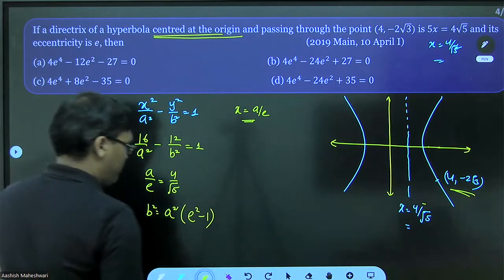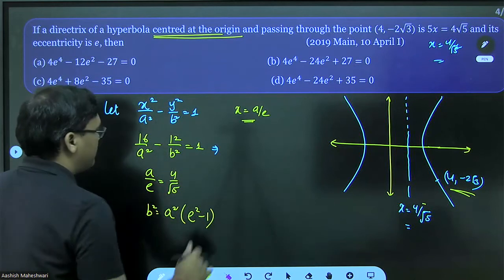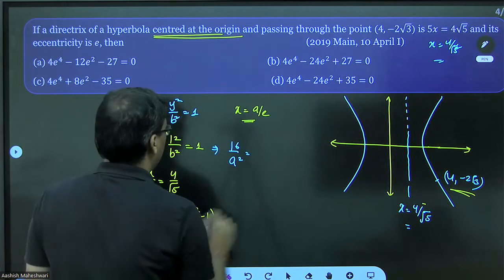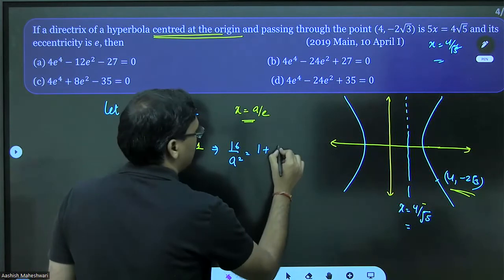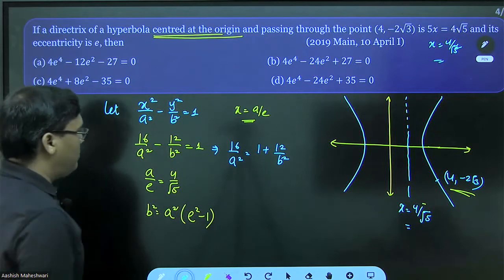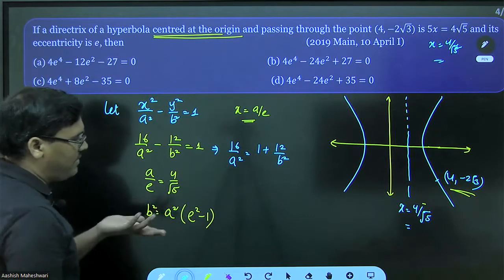Using these three relations, you have to find the eccentricity relation. So you can first observe here. I can say this is 16 by a square is equal to 1 plus 12 by b square. Correct? So I will just eliminate a and b.